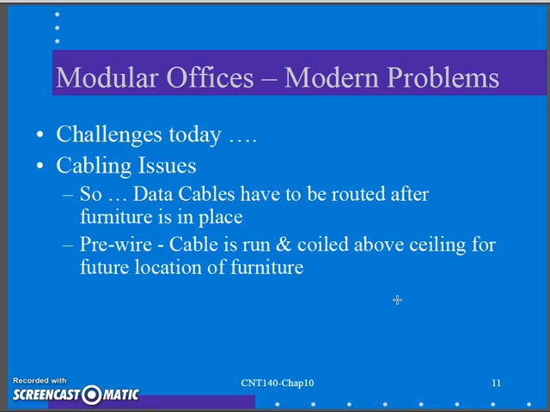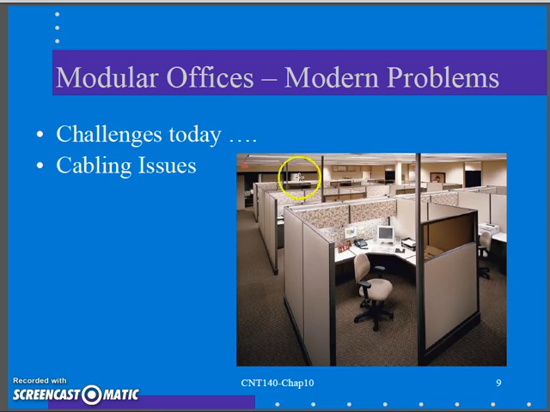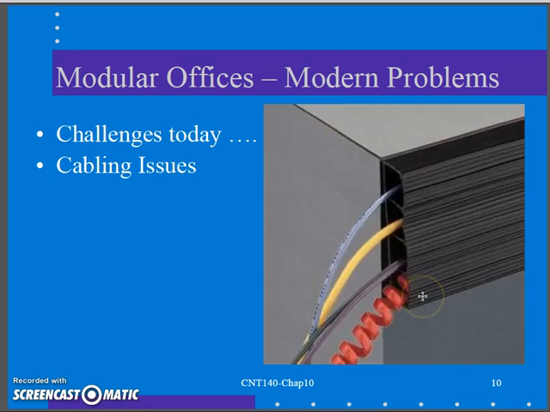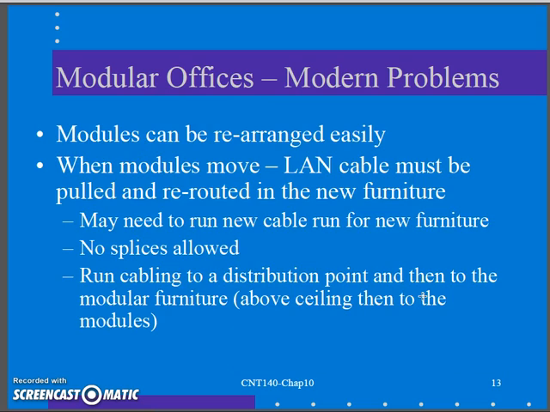So I really do have to run my data cables most times after the fact. The best I can do is pre-wire by running cable to where the cubicles are probably going to be and leave a large service coil up in the ceiling. Then I back up here and run it down through one of these channels and into the cubicle. But I still need to approximate where all these are going to be and then route the cabling through. So it's a challenge dealing with this.